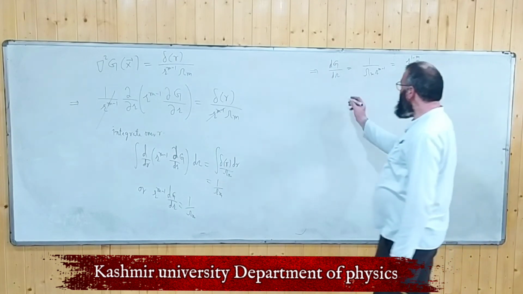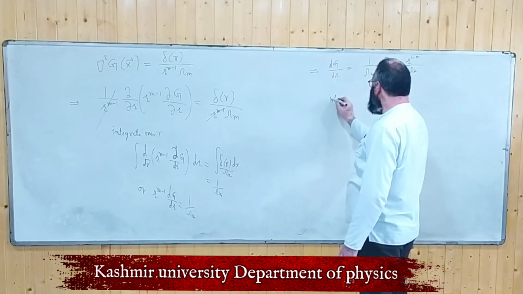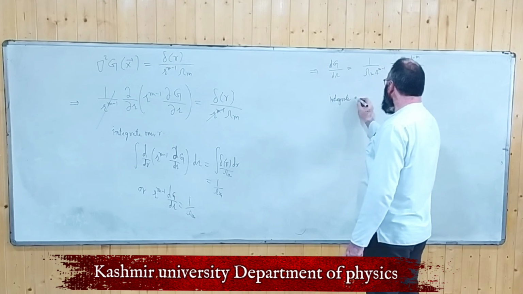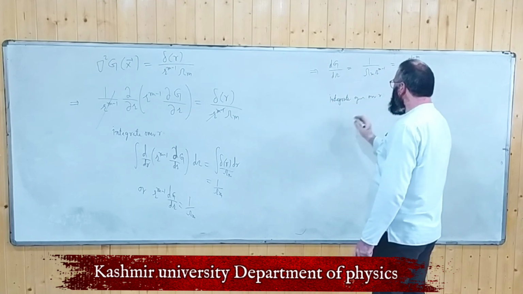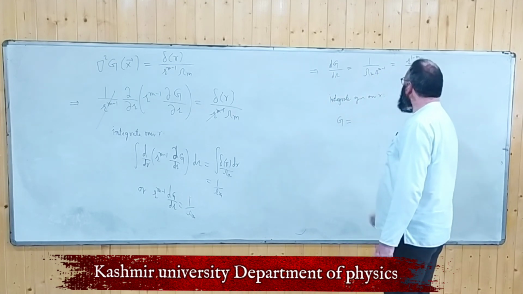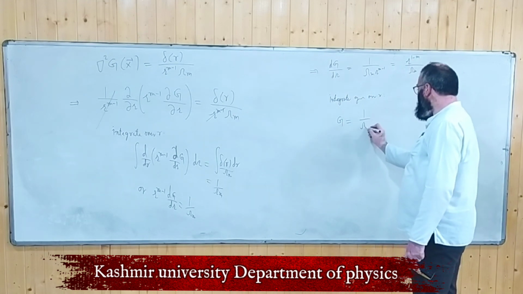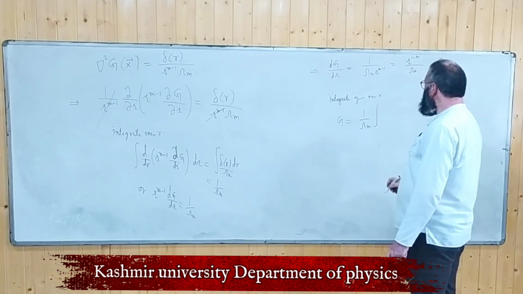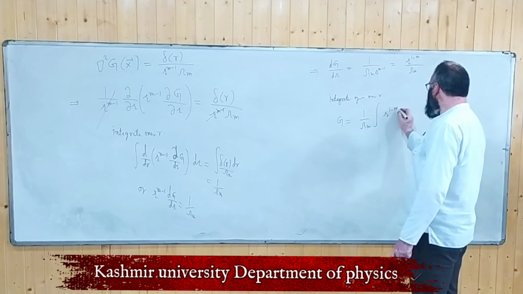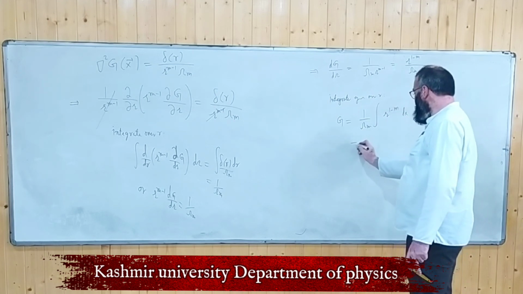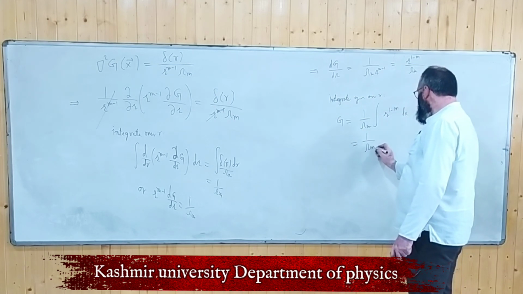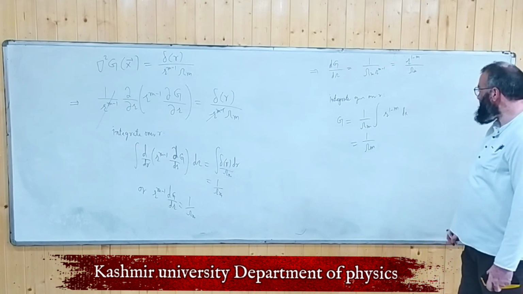So now you integrate it again over r. It means simply g is equal to 1 by omega m, integral of r raised to the power 1 minus m dr. So what is that equal to? 1 by omega m. How much is the integral of r raised to the power 1 minus m?